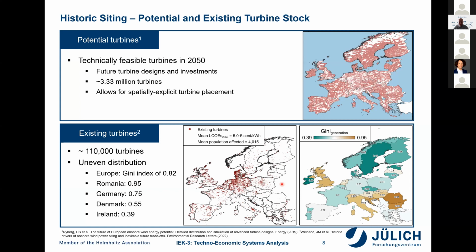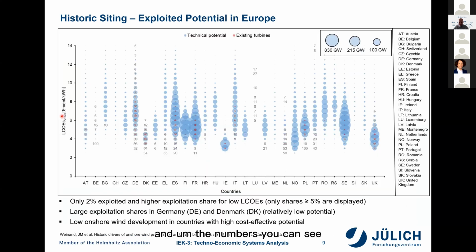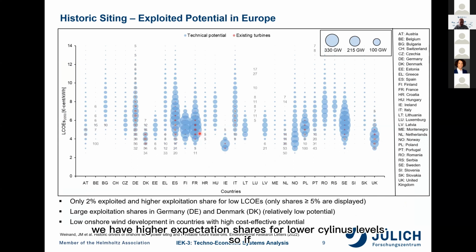So the blue bubbles show the potential capacity, which could be installed, and the red bubbles show the share which is already exploited. And the numbers you can see indicate the exploited share if it's above 5% for this LCOE range. And in Europe, so far, only 2% of the whole potential is exploited.